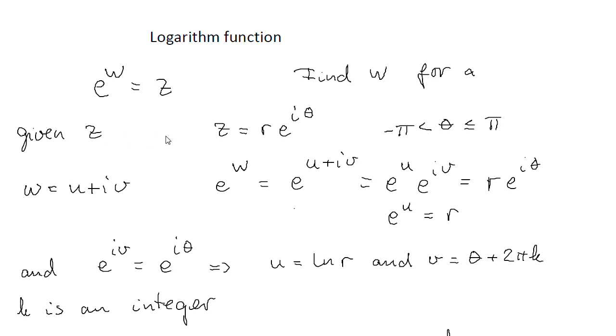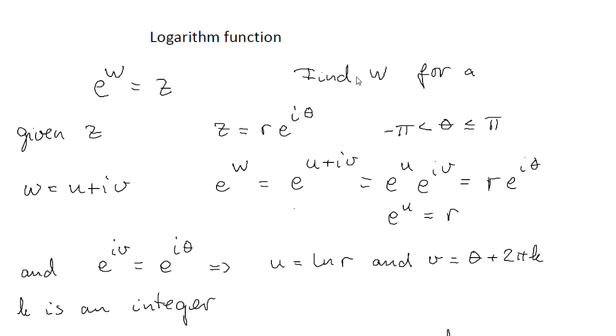So given any z, we write this z in polar form. You know that any complex number can be written in this form where r and theta are real values.